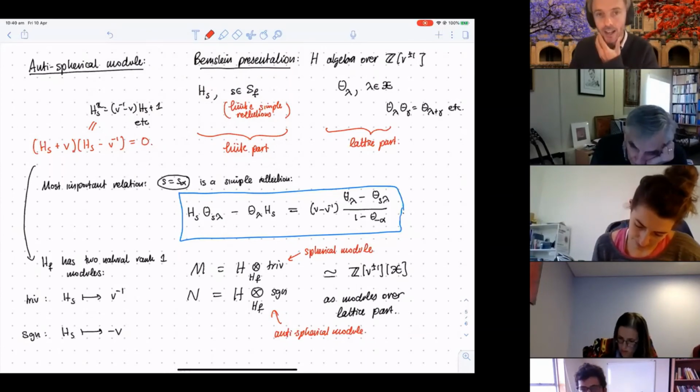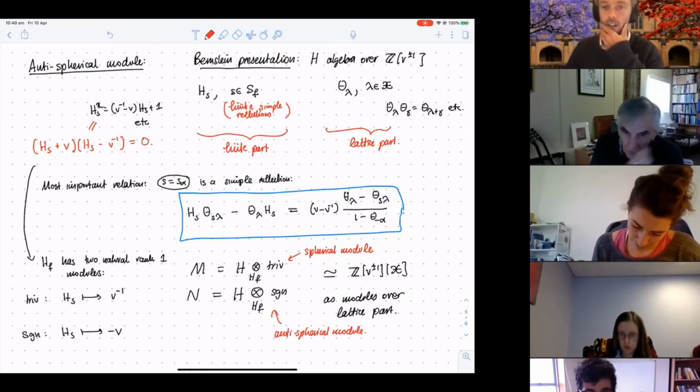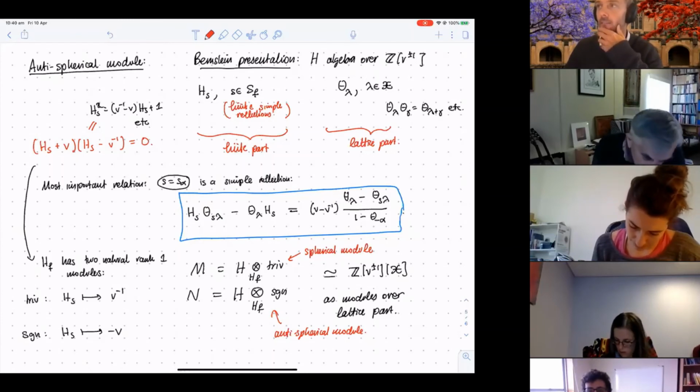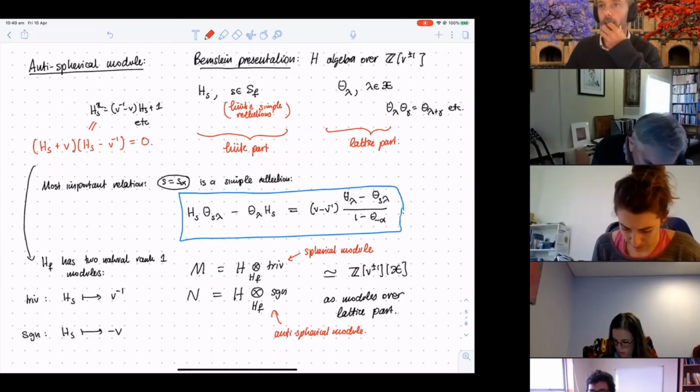And now I really need to work out how generators act in order to match this with something in K theory. And so that's what I'm going to do now.